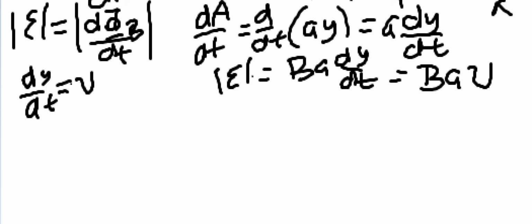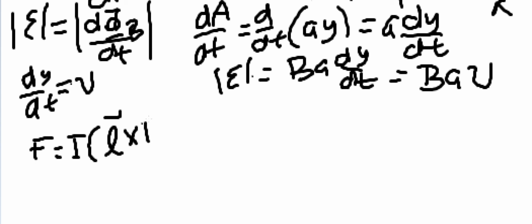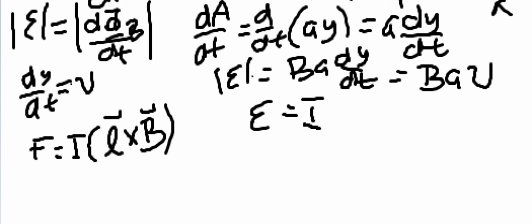So now we can find what the current is, because eventually we're going to want to use this formula, I L cross B. I'll explain that in a second. Right now we want to use Ohm's law, which is voltage equals I, not IV, sorry, IR.